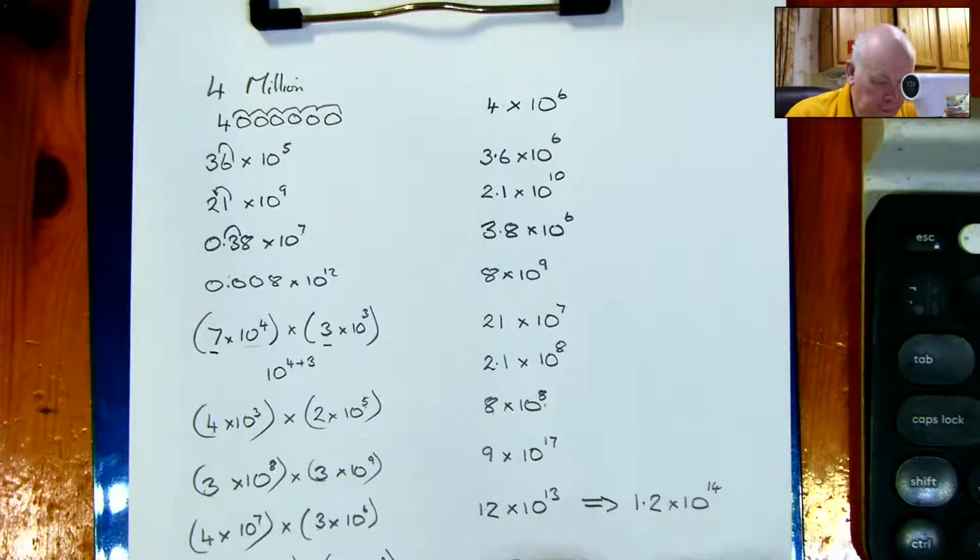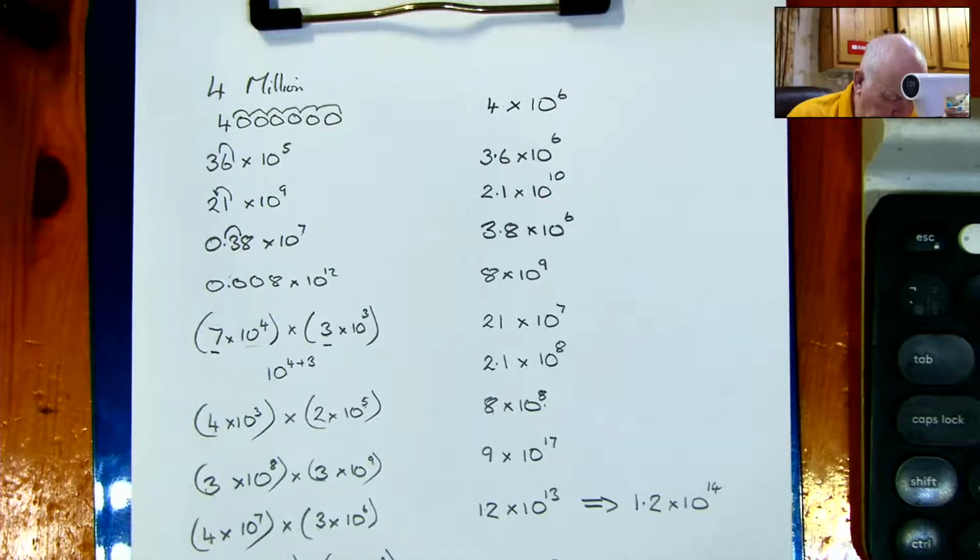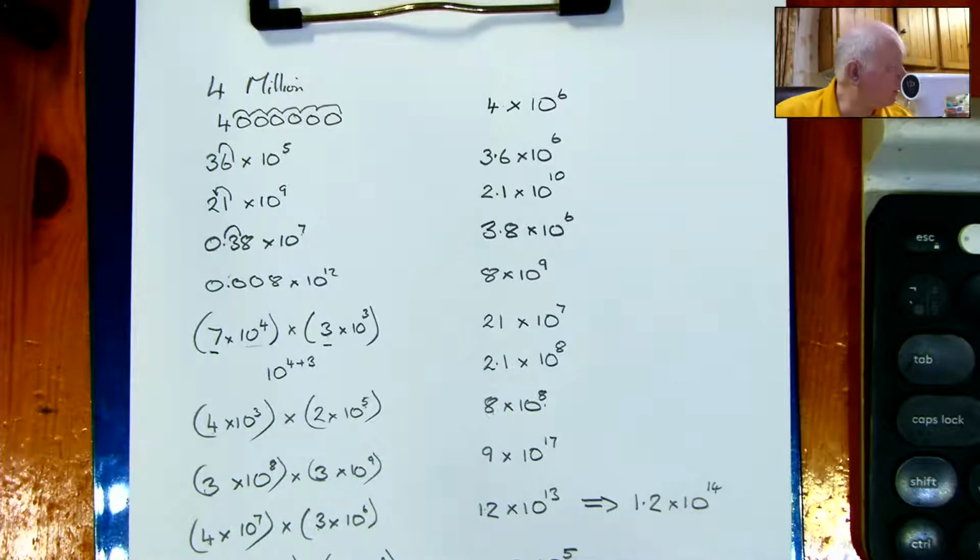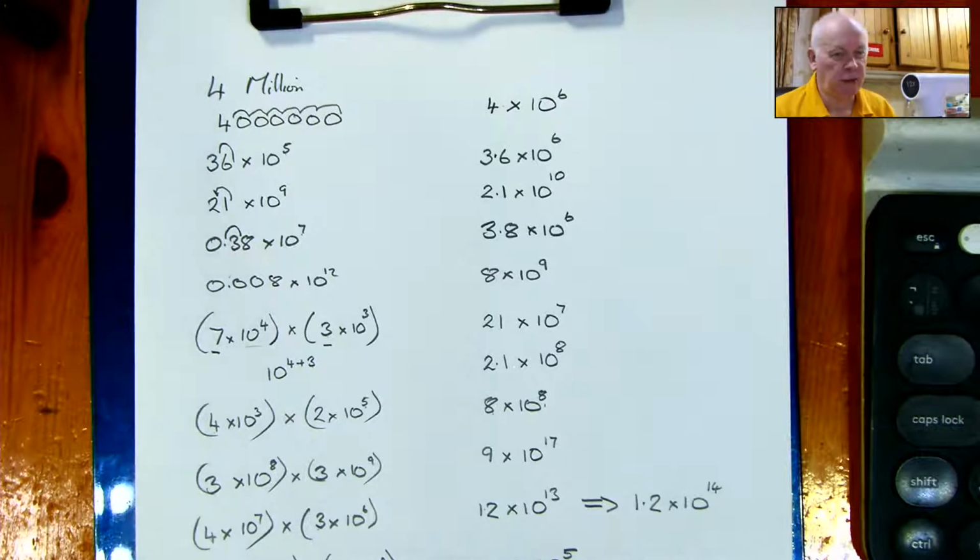And then we've got our 10s. We're going to simply add them again. So I've got 10 to the minus 4 plus 9. And that's going to give us 10 to the 5. So we've got some quite nice little problems here working in standard form.